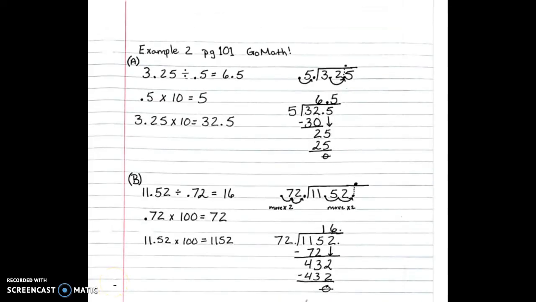All right, so example 2 on page 101, Go Math. So in our example A, we have 3 25/100ths divided by 5/10. Let's figure out how to do that. So it said that we need to multiply our divisor by 10, or a power of 10.